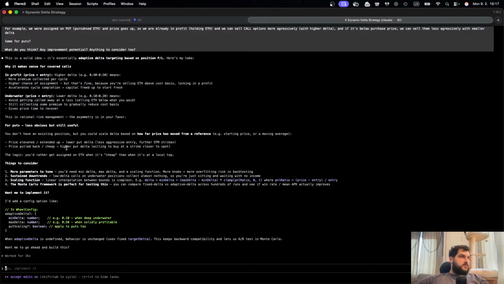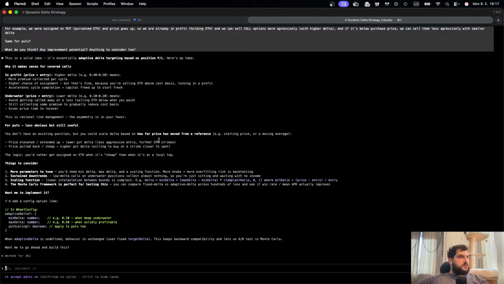For puts, less obvious but still useful. You don't have an existing position, but you could scale delta based on how far price has moved from a reference, starting price or a moving average. Price elevated: lower put delta, less aggressive entry, strikes further out of the money.